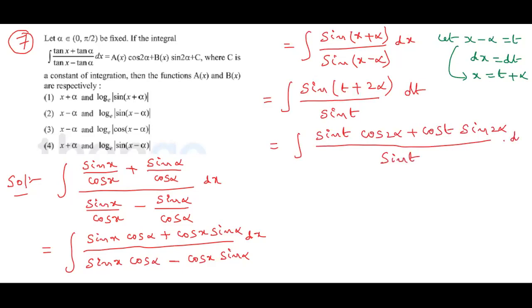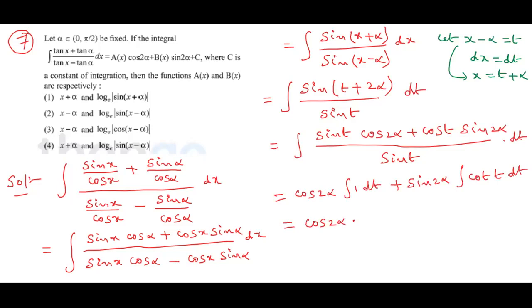Into dt. Now split that, sin t cancels. We get cos 2 alpha, a constant, take outside, integration 1 dt, plus sin 2 alpha, a constant, take outside, integration cos by sin, that is cot t dt. Now cos 2 alpha into integration 1 dt, that is t.